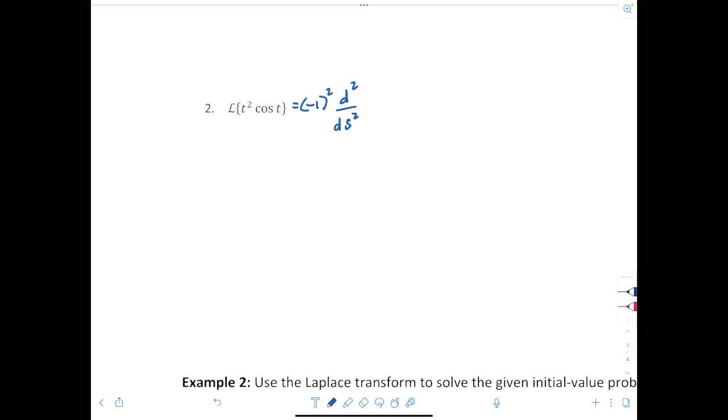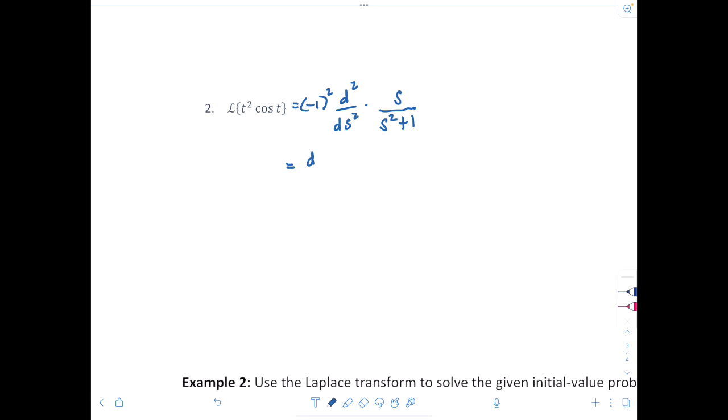And then we need to find that Laplace transform. So the Laplace transform is s over s squared plus 1 squared, which is just 1. And then the negative 1 squared will turn positive, and now we need to start differentiating.